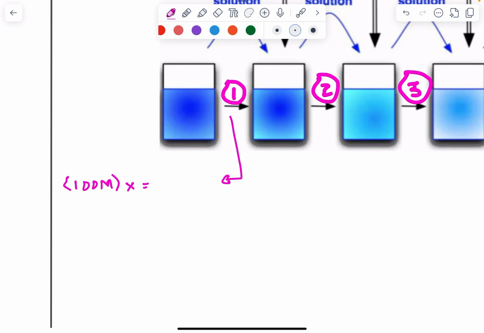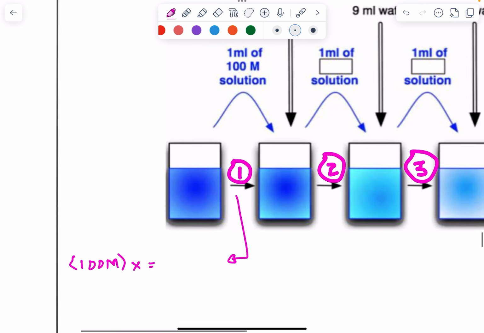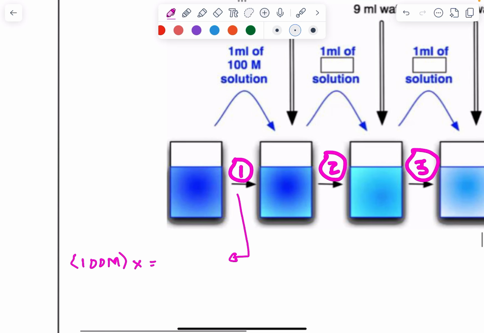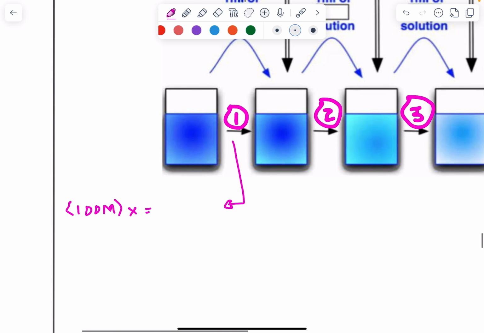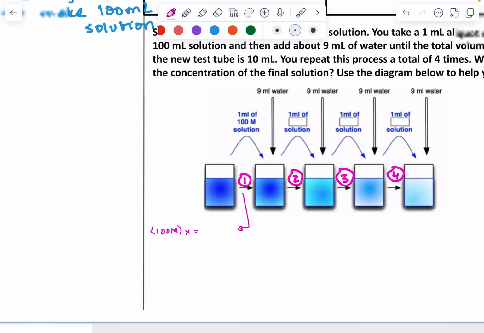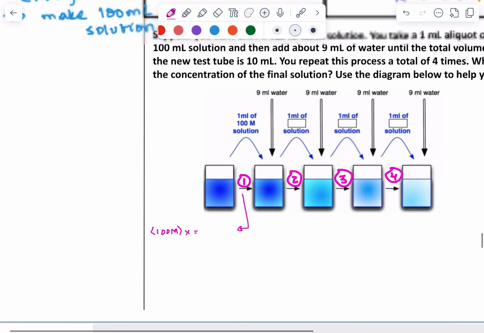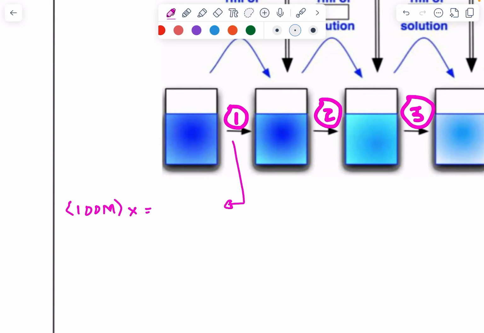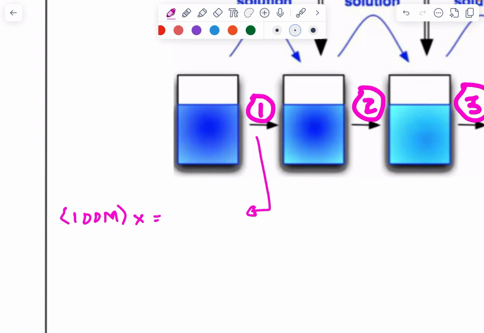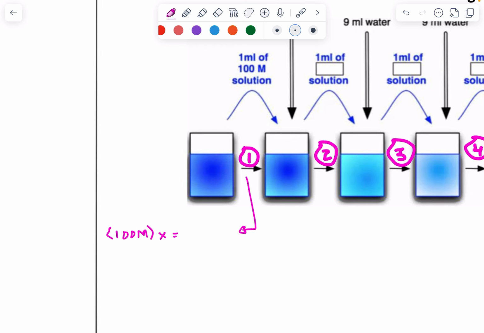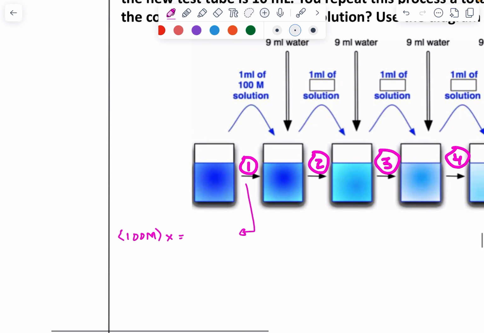And then we need to figure out the volume. Actually, they already told us that this is 1 milliliter.